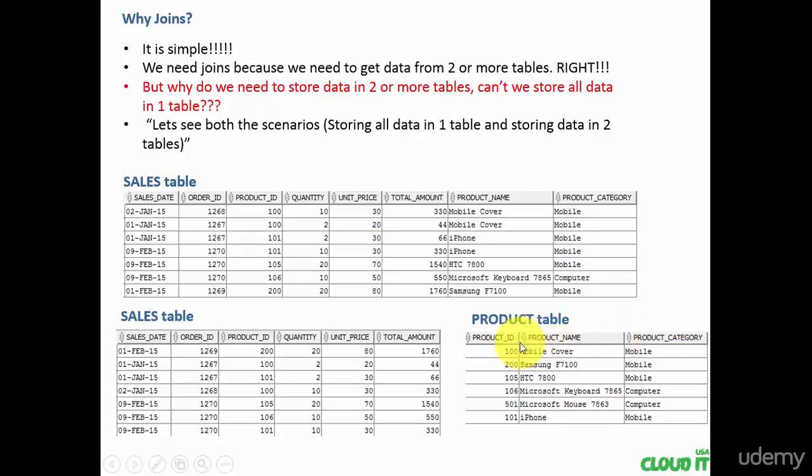You see, all the product names are unique by product ID. See, we are storing the information only once. So whenever we need to find out the product name for a given product ID, we join the sales table with the product table using the common column called product ID. You see how we avoided the duplication.